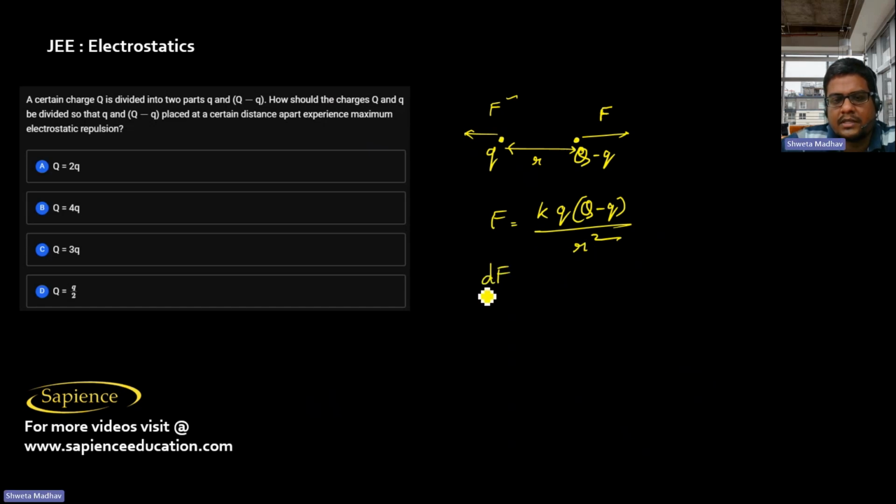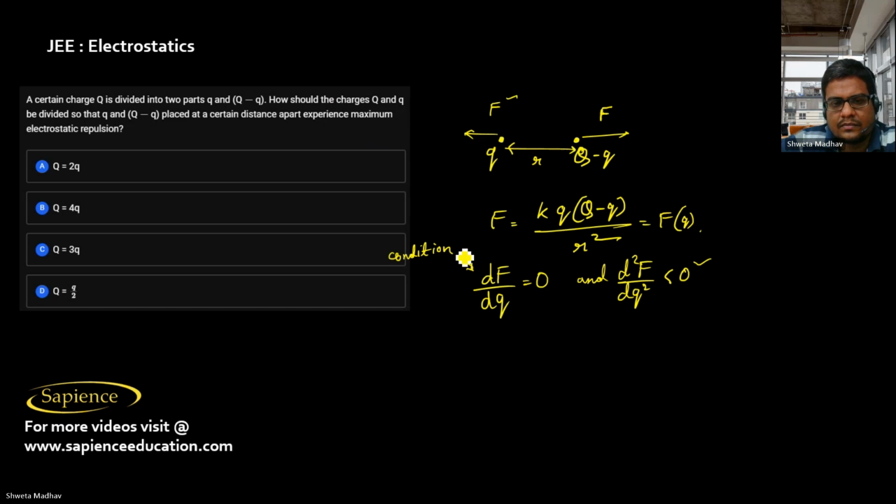It means dF by dq should be equal to 0, and d square F by dq square should be negative. Then only we will have maximum repulsion, since this is the condition for maximum of a function. Here this force F is a function of this q.